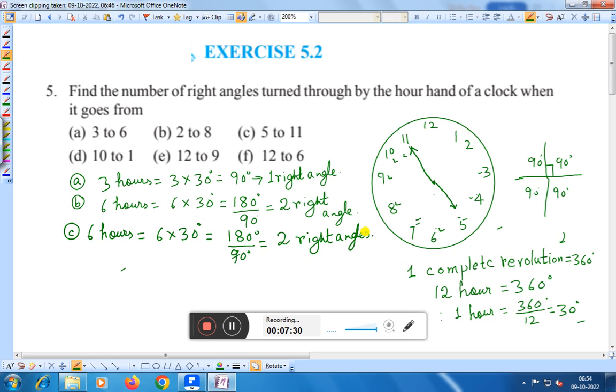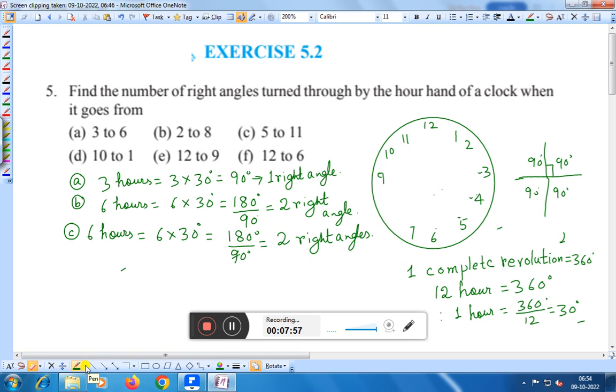Now, question number D. 10 to 1. If we go from 10 to 1, what will we get? Let us first stop this one. Right?